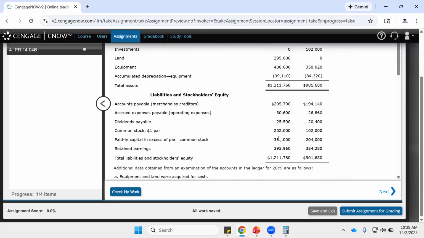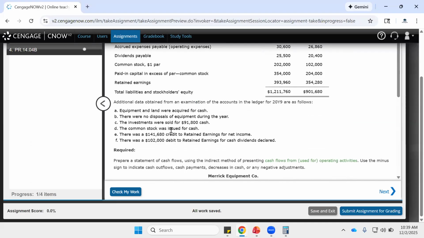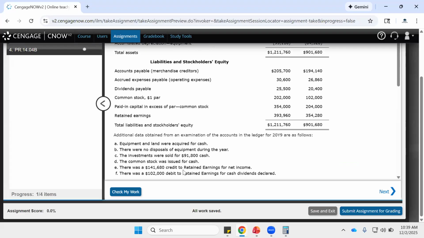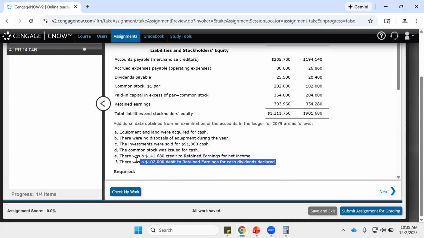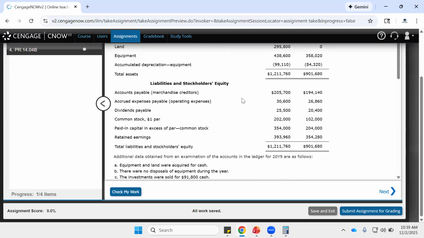And during the year, we know that common stock was issued for cash and there were dividends declared. This is the debit to retained earnings, but note that it only shows up on the statement of cash flows when the dividends are paid, not when the dividends are declared.